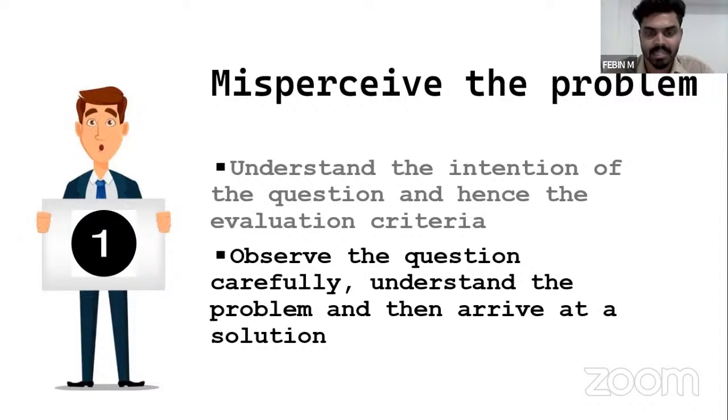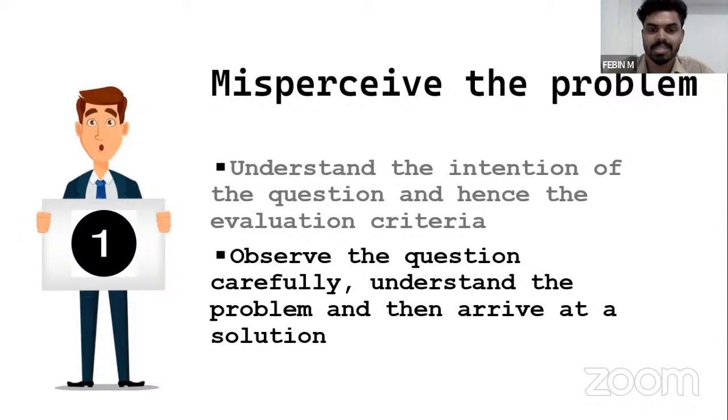Before answering, you need a proper idea of the intention of that particular question, and hence the evaluation criteria. In any entrance exam, especially architecture entrance exams, drawing questions have some intention and some evaluation criteria.